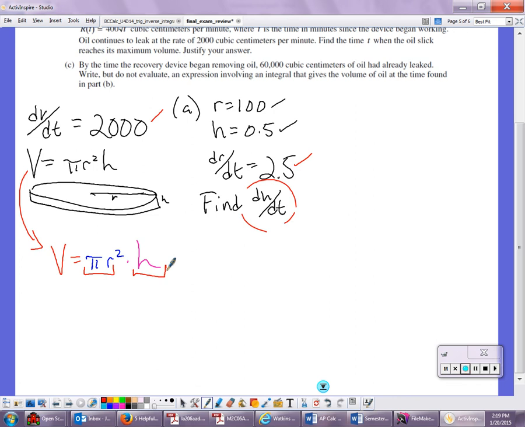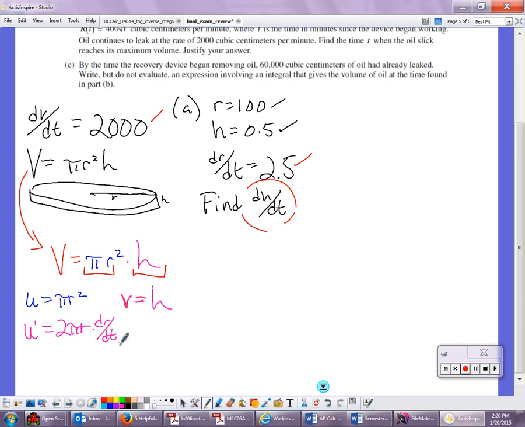So maybe we can think of it like this. u equals pi r squared, v equals h. Well then u prime is going to be 2 pi r, but it's not just 2 pi r. It's 2 pi r times dr/dt, because we're not interested in the derivative with respect to r. We're interested in the derivative with respect to t. So we add on that dr/dt at the end so that we get the derivative with respect to t and not r.